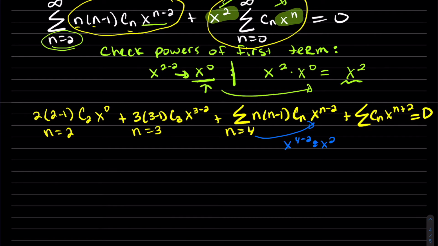And then here, we'll plug in n, whoops, I forgot to write it. So that's plus x squared. So they are both the same term. Now we can combine them.